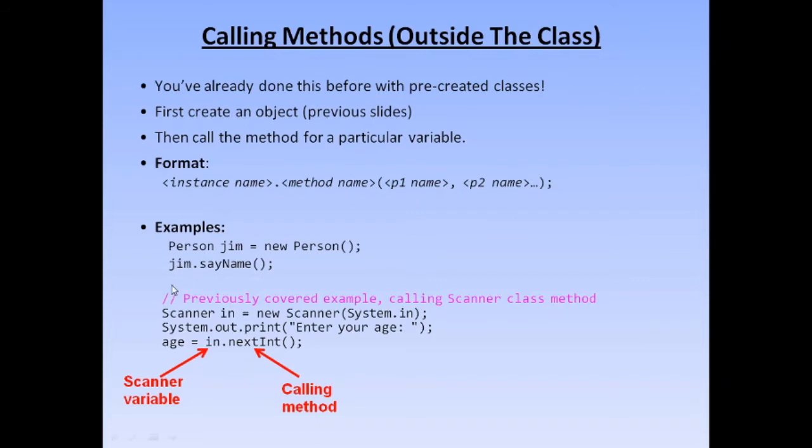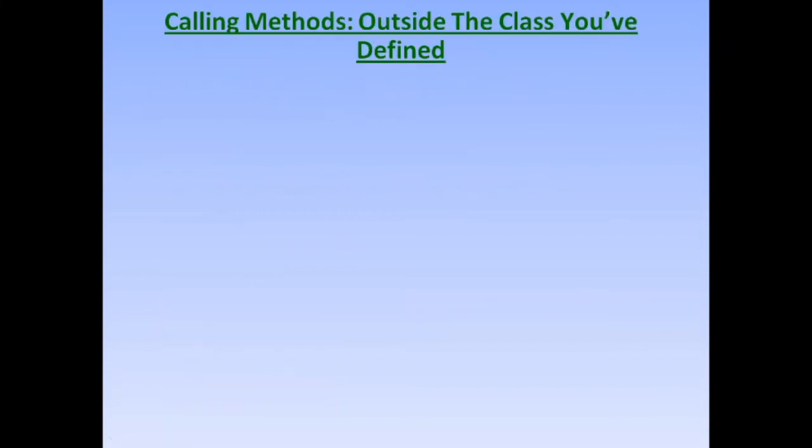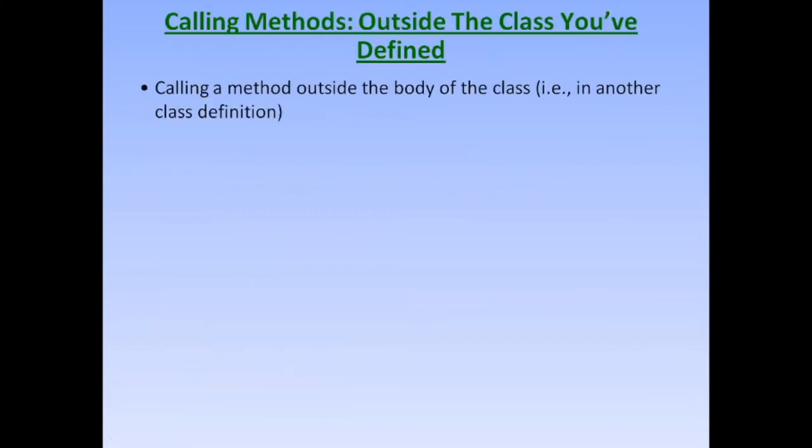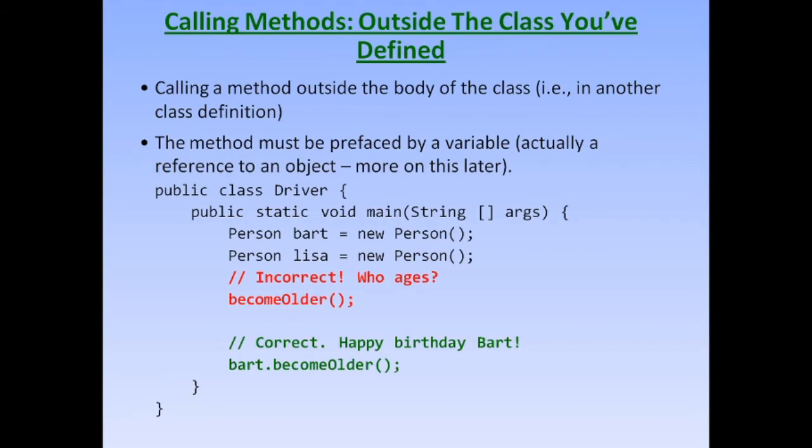Now as you can see over here, this is the scanner variable and this is the calling method, which are different from the class Person. Like public static void main, this is the class Driver. It has the main method, and inside this Driver class we are making objects of the Person class. We cannot specify the name of the method directly.